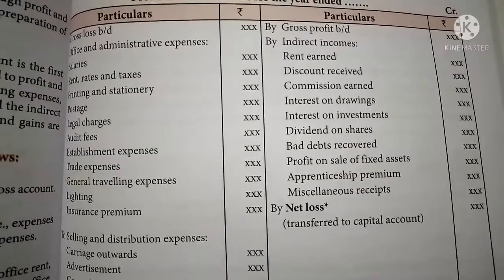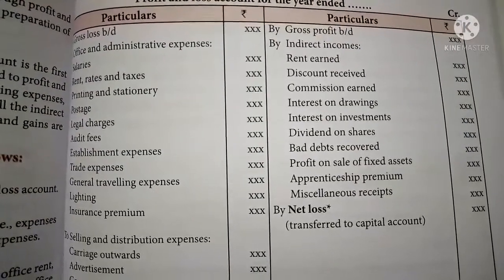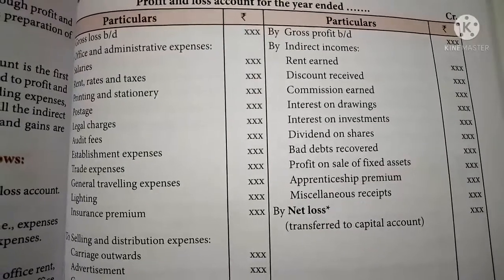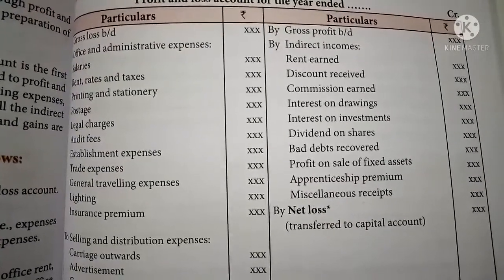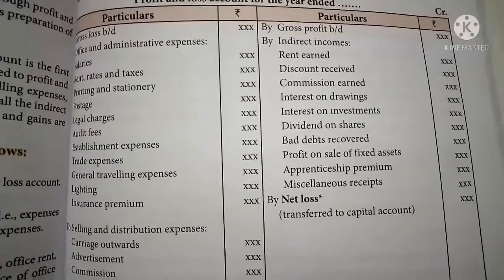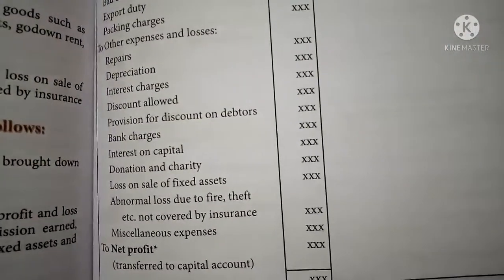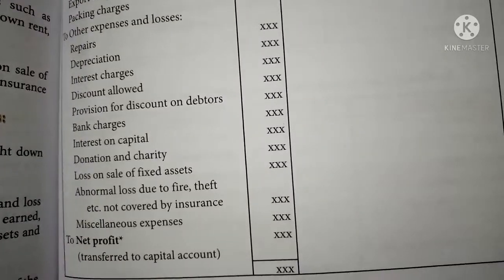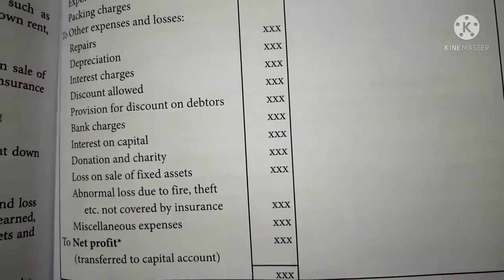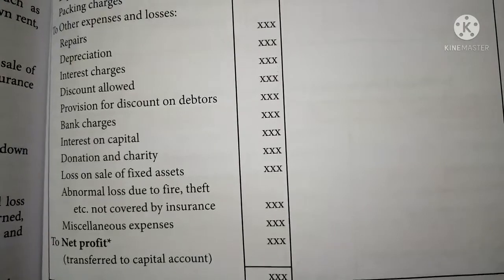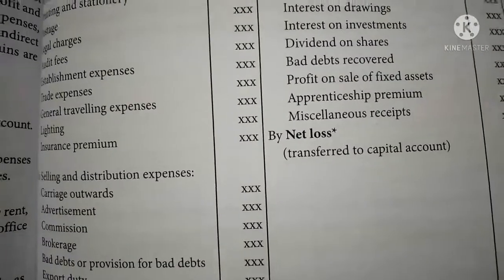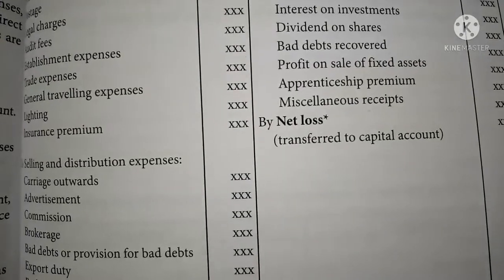While balancing, if the credit side is more than the debit side, the balance will arise in the debit side. That balance is called net profit. Otherwise, if the debit side is more than the credit side, the balance will arise in the credit side. That balance is considered as net loss.